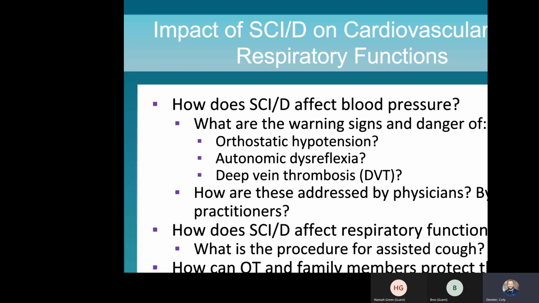The second thing is remove the issue, whatever the issue is. If they have a compression binder around their abdomen, take it off. Okay. Check their catheter. If they have an indwelling catheter, check their catheter to make sure that it's not stopped up. If you can find the issue, remove it.